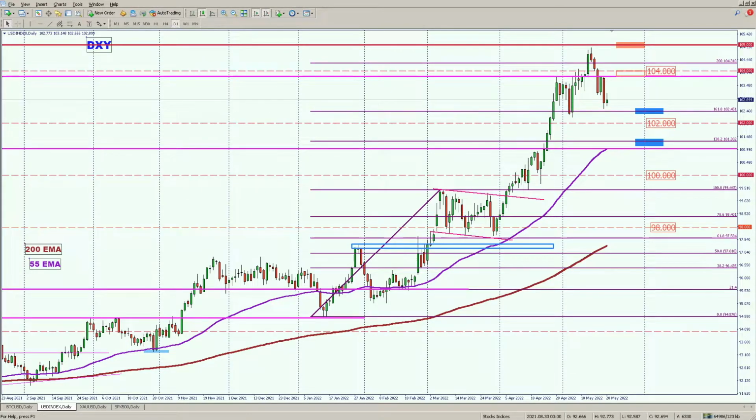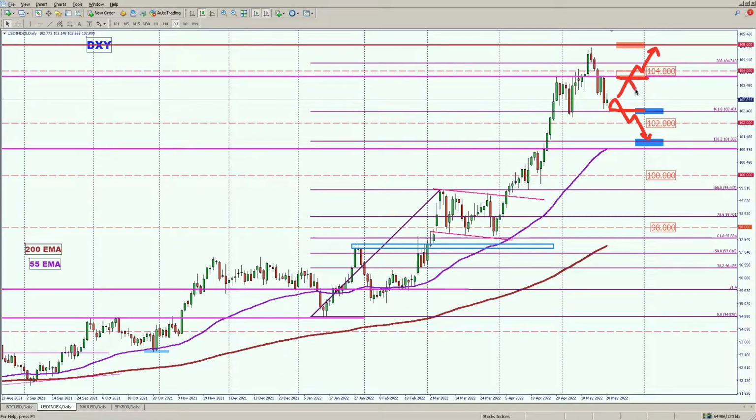So we'll see if it's going to be a consolidation in this area, or whether it's able to dip down lower to test 102, or maybe even down to the 138 FIB. If it's able to break out higher again, then it's likely going to target the 105 again.